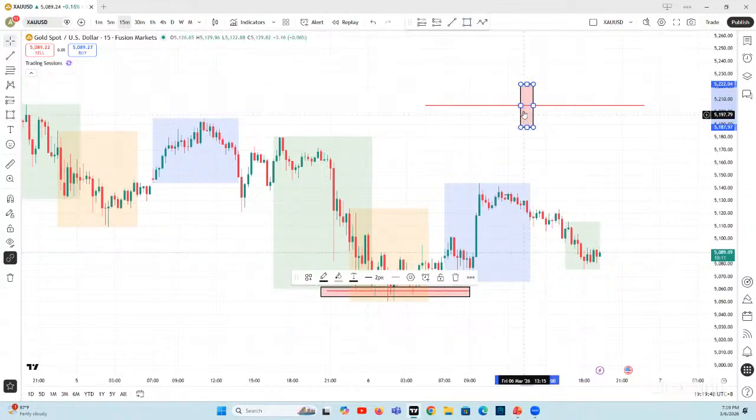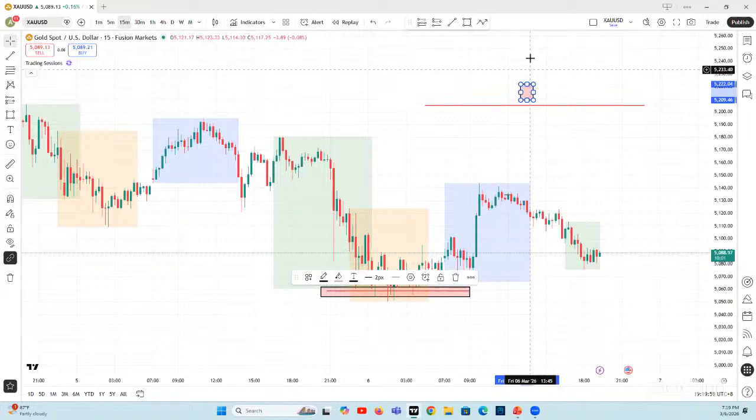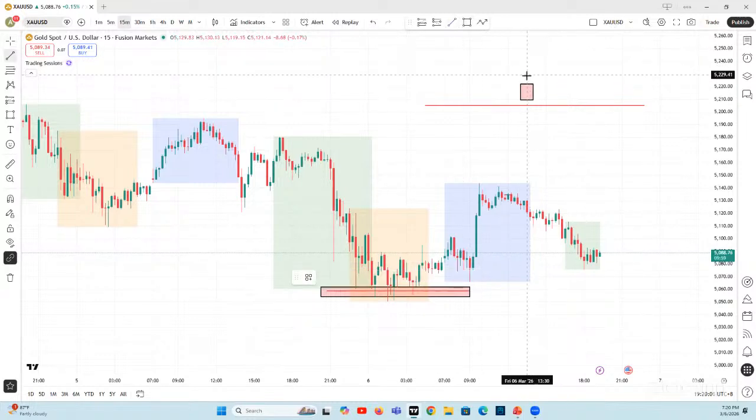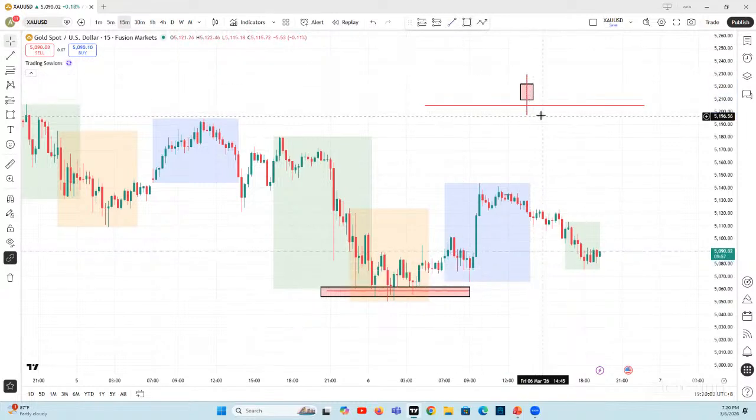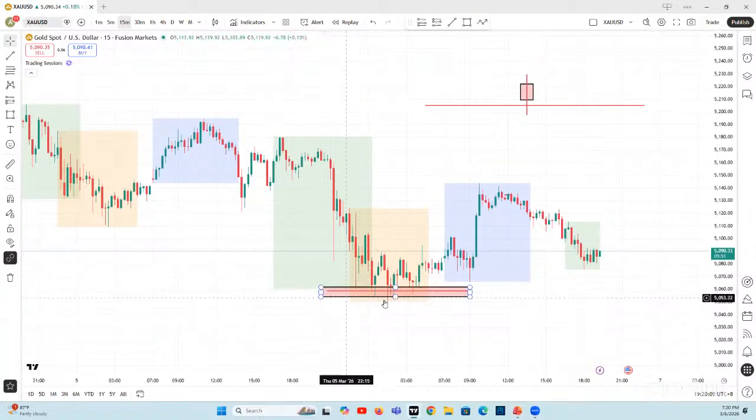This is the body of the candle closing above or below this line. Okay, so it's not doing that. It's doing this. It's doing the wick. Okay, it's doing the wicks. It means price cannot go there. So that's the sign that this is a very good support.